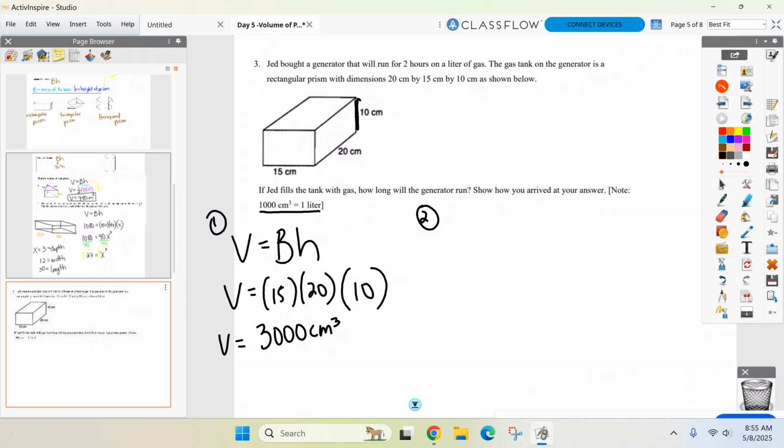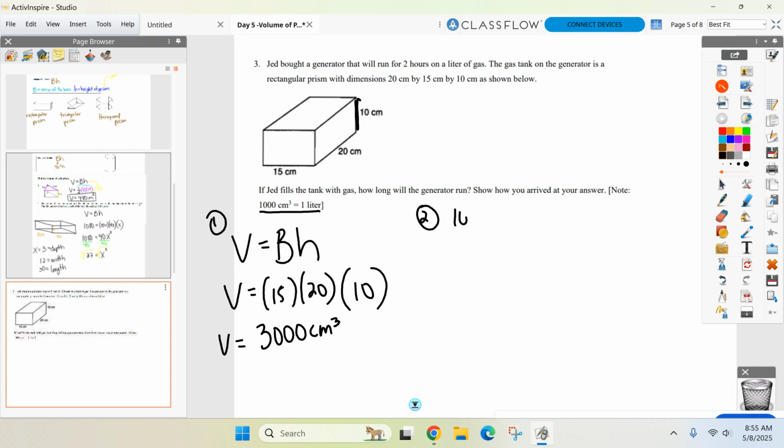Next step, use it to find how many liters there are. If you don't know what to do with the 1,000, do I multiply it with 3,000 or do I divide it? You set up a proportion like I suggested during the area part of this unit.